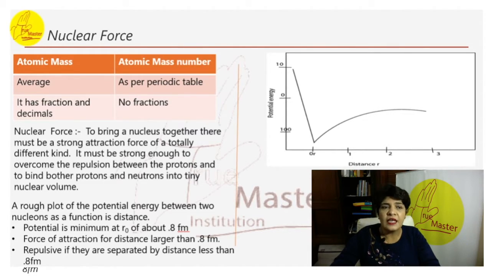Atomic mass is the average from the sample and it can be in fractions. The mass number is as per the periodic table and it is rounded off. It cannot be in fractions or decimals.